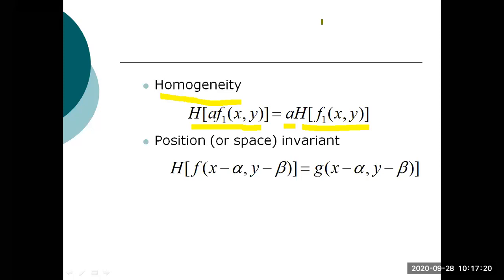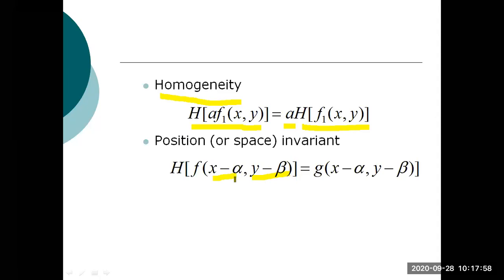Position or space invariant. How is the system position or space invariant? How can we say that H is position invariant? If you give a delay in the x coordinate or y coordinate, with constants x minus alpha and y minus beta, that means in both the x direction and y direction you are providing some delay or distance delay.